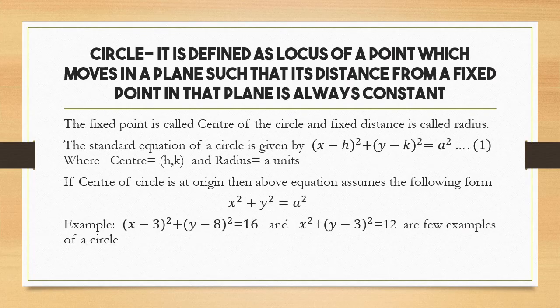What do you mean by a circle? We all know we have different definitions. Circle is round, yes. But here we have a very interesting definition. A circle is defined as the locus of a point which moves in a plane such that its distance from a fixed point in that plane is always constant.